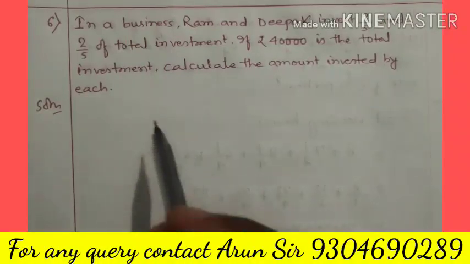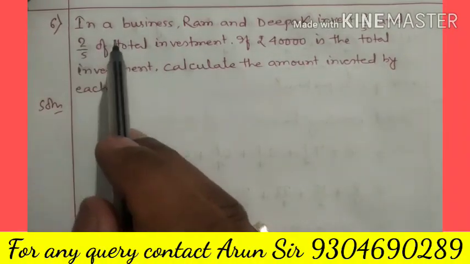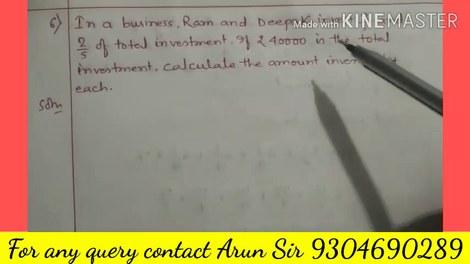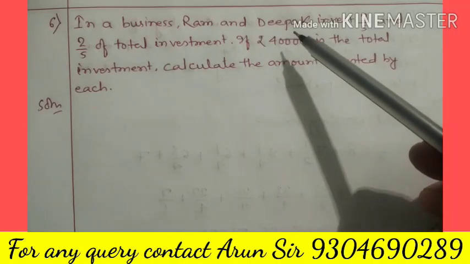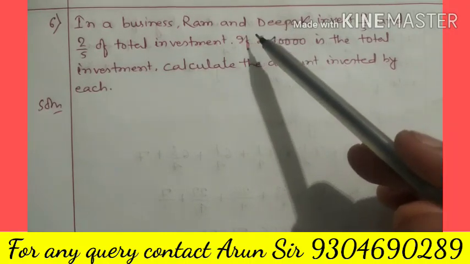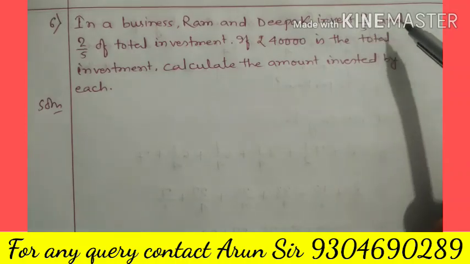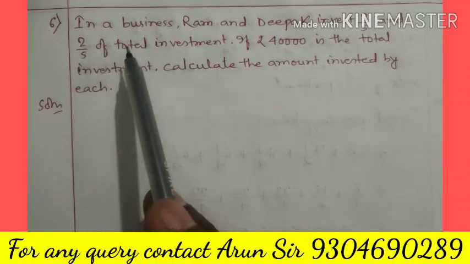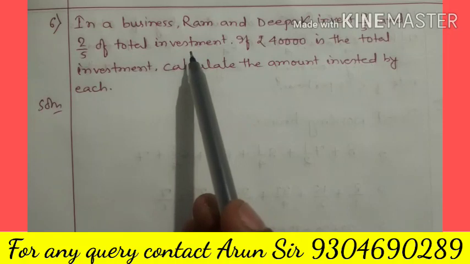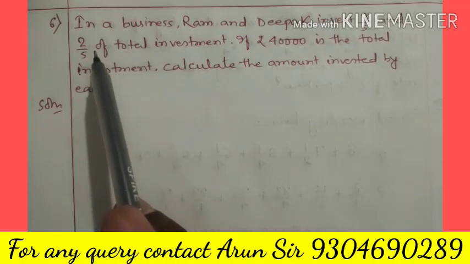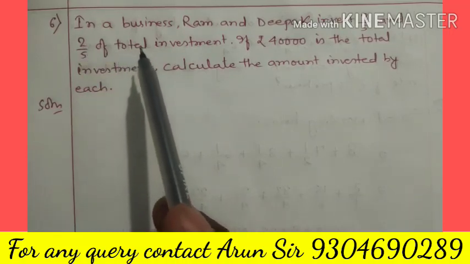Question number 6 is saying in a business, Ram and Deepak, two persons, are going to do a business. The question is saying, in a business Ram and Deepak invest 3 by 5 and 2 by 5 of total investment. Whatever total investment is there, Ram has invested 3 by 5 part of it and Deepak has invested 2 by 5 part of the total investment.